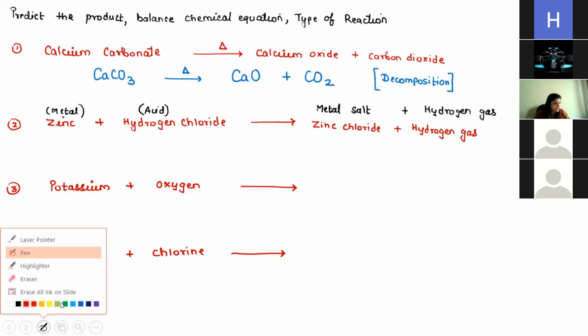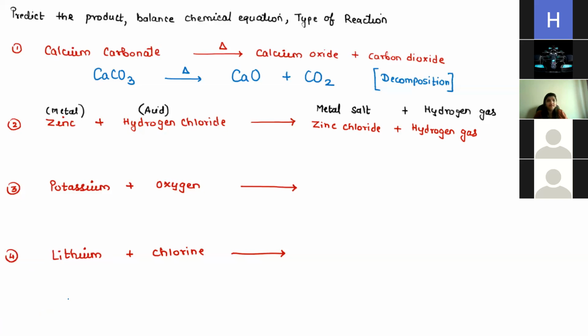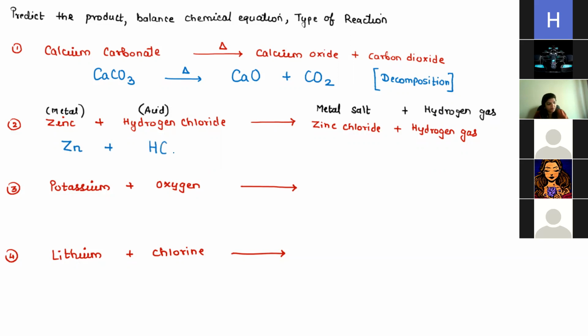Charvi, formula for zinc and hydrogen chloride. Formula for zinc is Zn. Okay. Hydrogen chloride. Zn plus HCl. Very good.